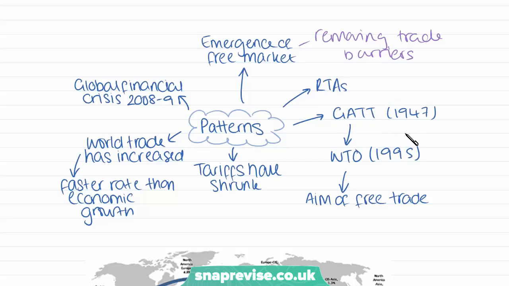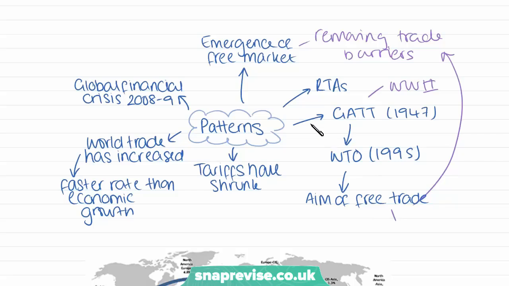And this was essentially established after World War II had ended to set some regulation on trade across the world. However, the GATT was replaced by the World Trade Organization in 1995, and this continued to work with the aim of creating free trade across the world and essentially removing trade barriers, as we saw here with the emergence of the free market, with free trade as its main aim.